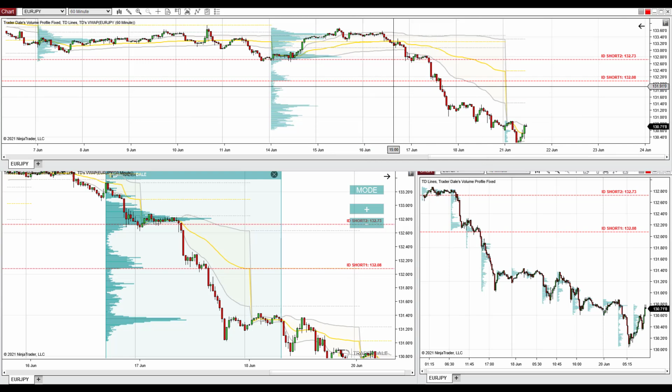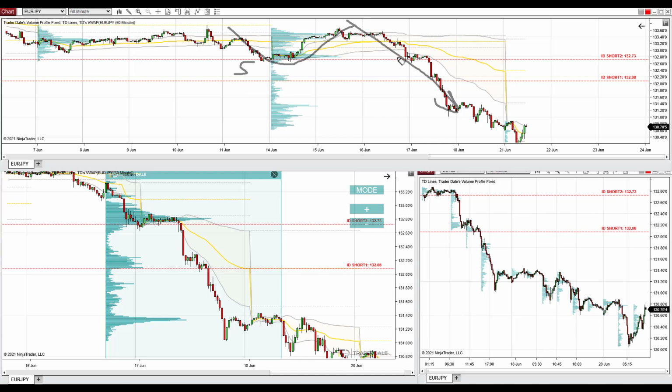Now, another thing which adds strength to that level at 132.73 is that this area worked as a support in the past, right there. The price bounced off it, so it was a support. Now, when the support got breached, this is where it got breached, it became a resistance, right?